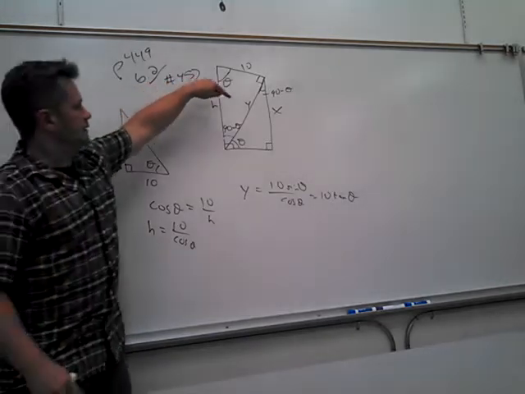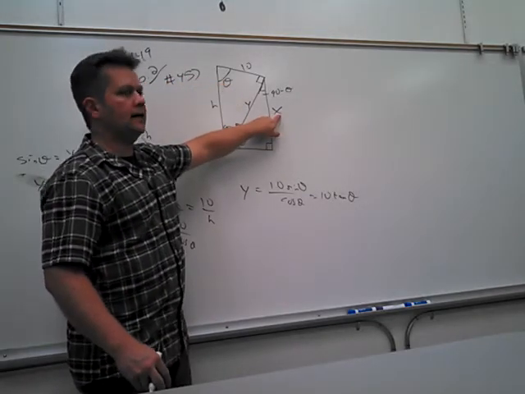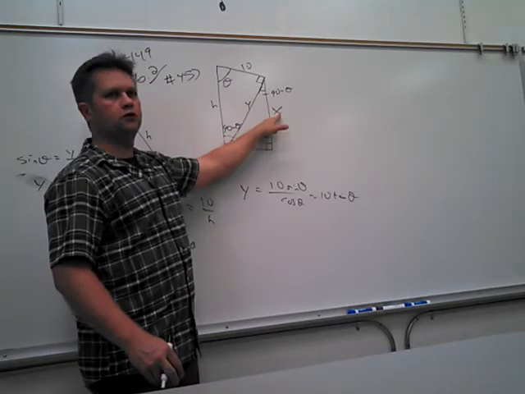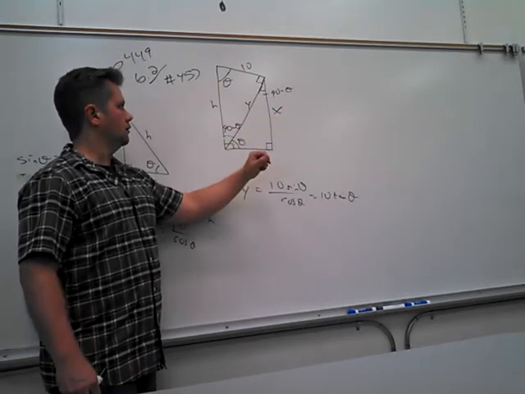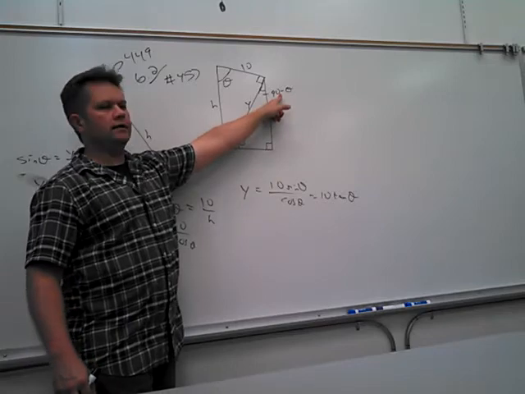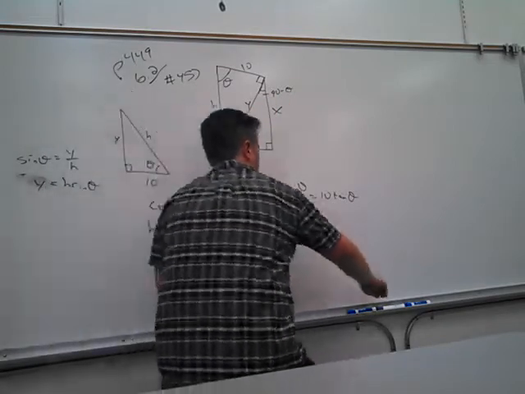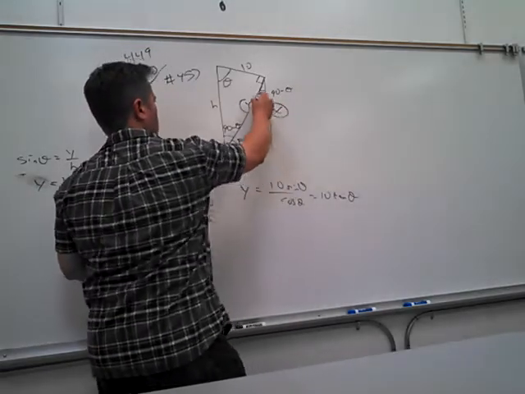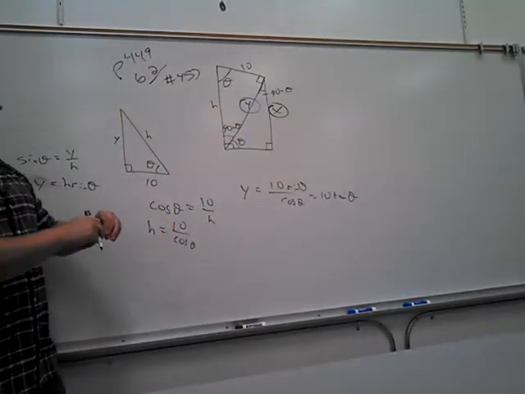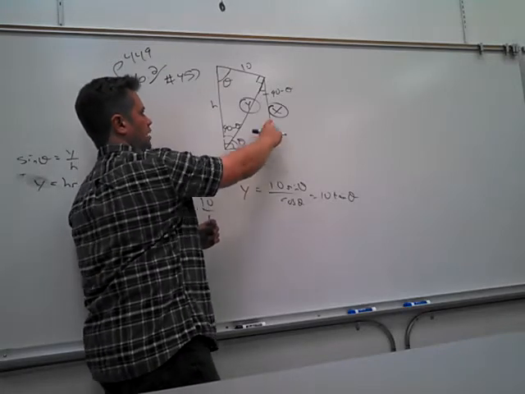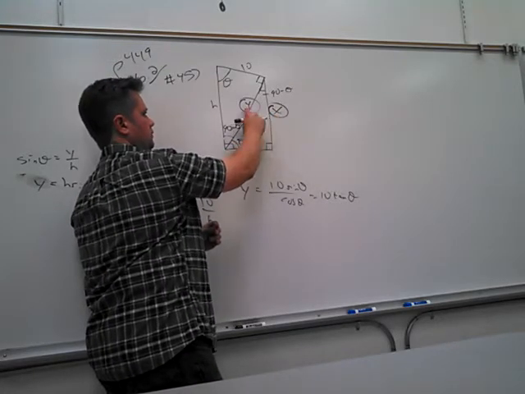So if this side is 10 tangent theta, and I want to know what that side is, I just got to figure out what trig function would relate those two sides. That's a sine of that. And I don't have to use 90 minus theta if I don't want to. There's theta there, right? So to relate these two in relation to this theta here, what trig function of this theta would relate these two sides?